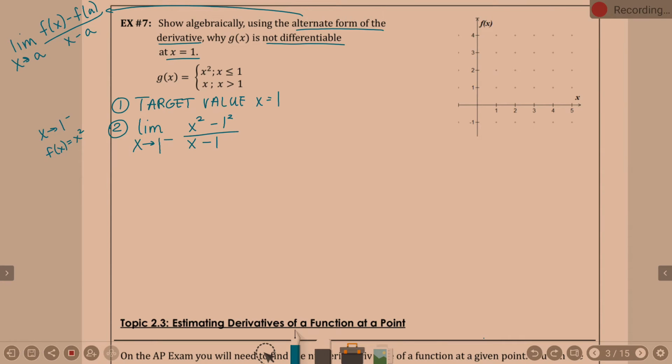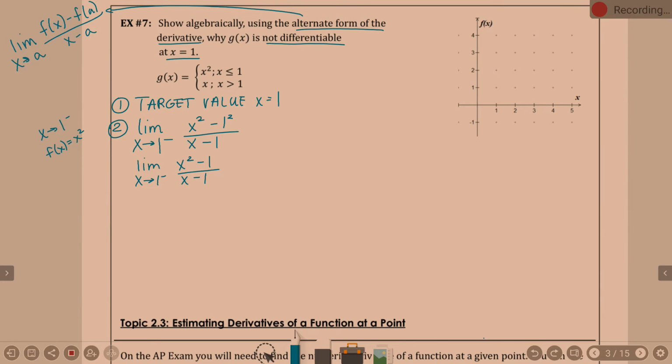Now, essentially this is the limit as x approaches 1 from the left of x squared minus 1 over x minus 1. For this one, would we put in like 0.9? You could, or there's another option to get around that. You can do the difference of squares. Factoring. Yes.